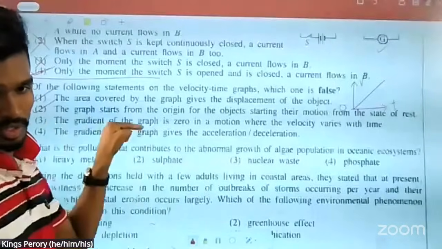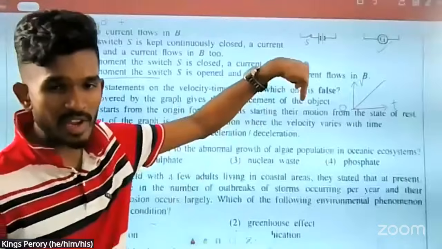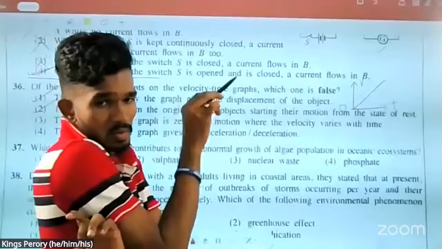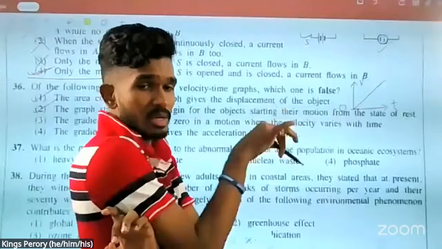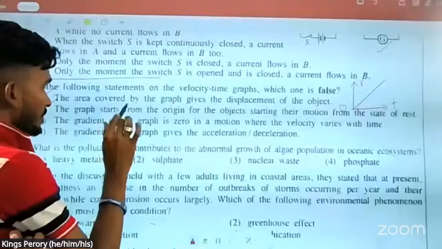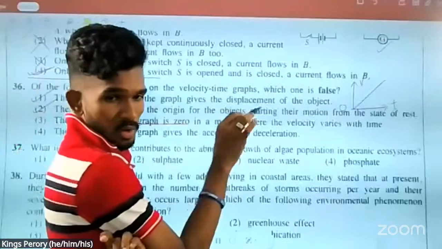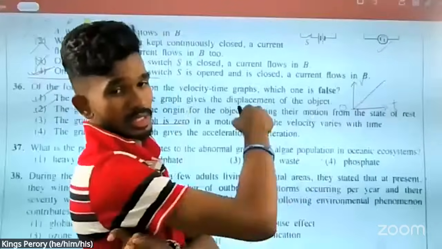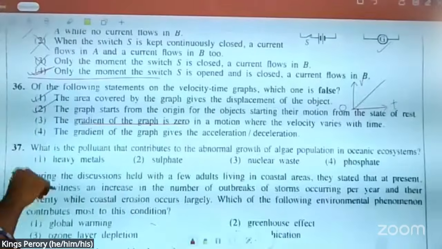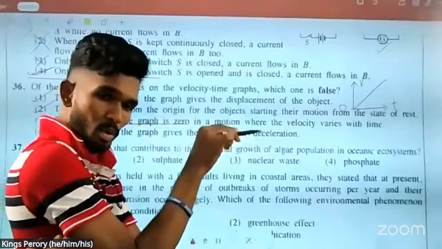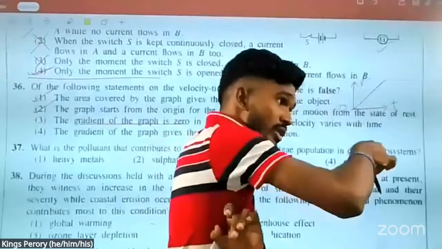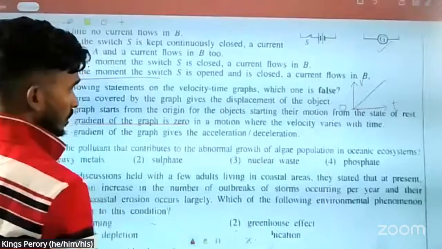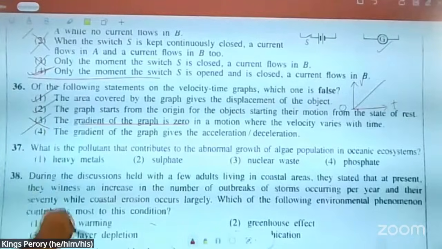When the gradient is 0, velocity is constant. If velocity varies, there should be a gradient. Here they are telling gradient is 0 when velocity varies. That's wrong. That doesn't go together.